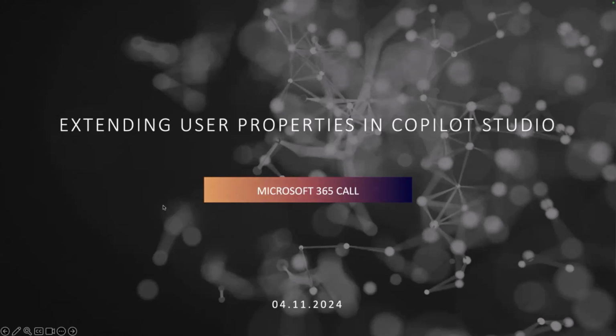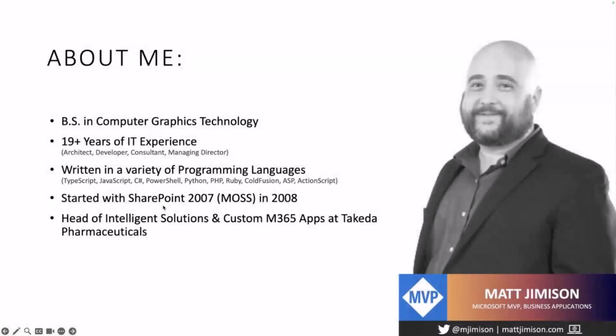So we're going to be talking about user properties in Copilot Studio, but first, just a little bit about me. I'm Matt Jimison. I've got my bachelor's in computer graphics. I've been doing a lot in IT now for actually 20 plus years, playing all kinds of different roles from architect to managing director. I love a lot of different programming languages, and I actually got started with all the Microsoft stuff inside Microsoft 365 before it was 365, with SharePoint 2007 back in 2008.